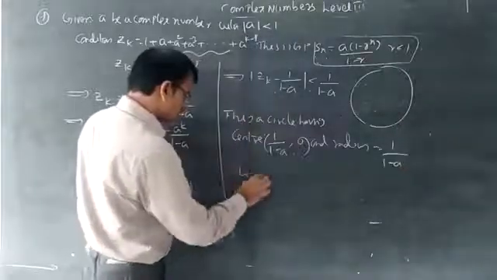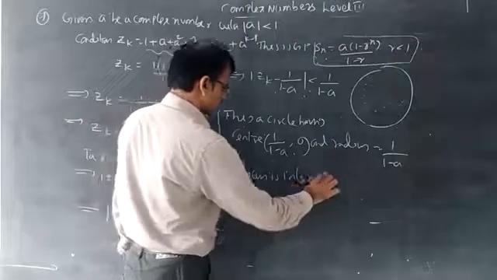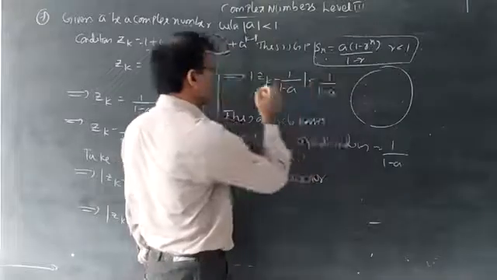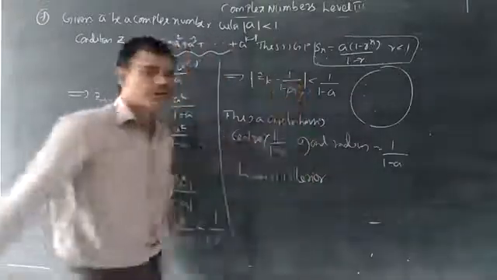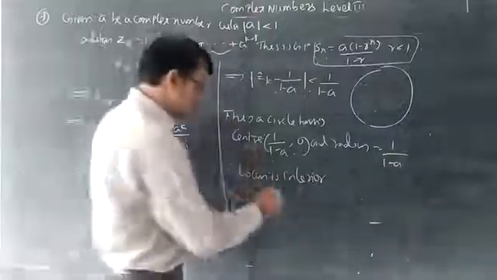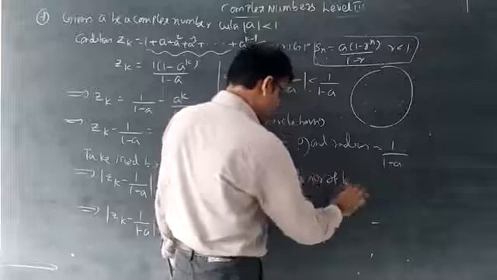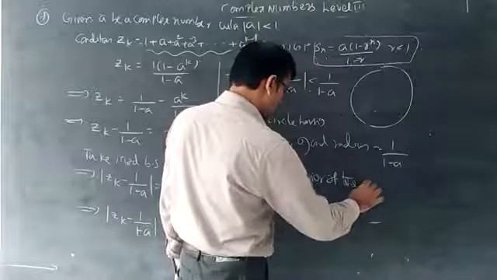The locus is interior of such a circle. Means so many points Zk, modulus of Zk minus 1 by 1 minus A, whenever it is less than 1 by 1 minus A, it is interior of such circle.